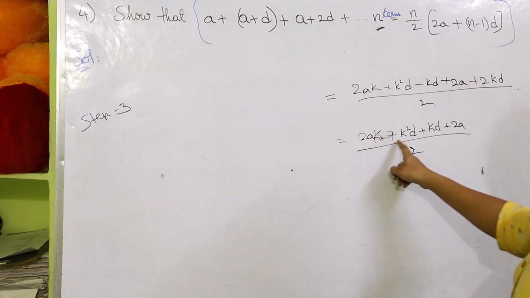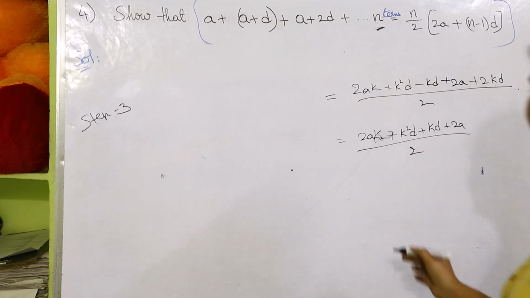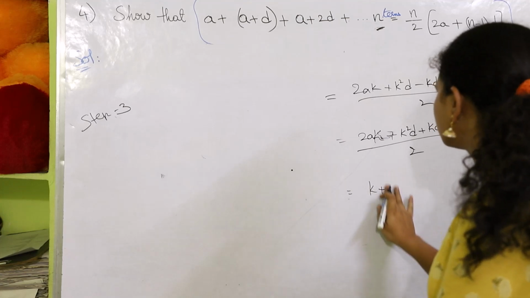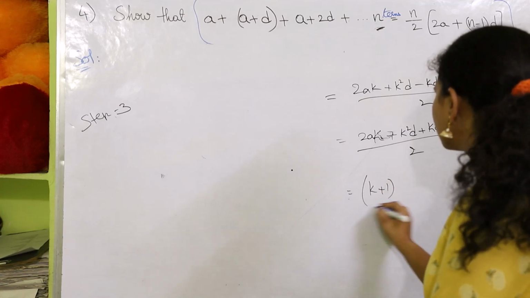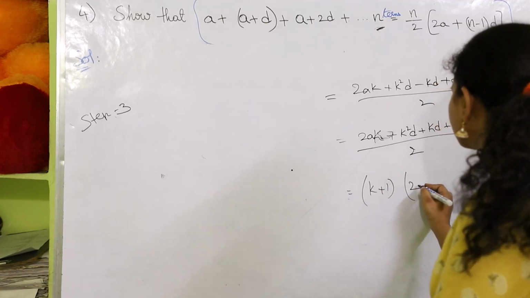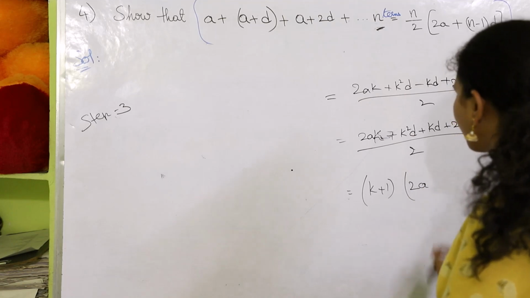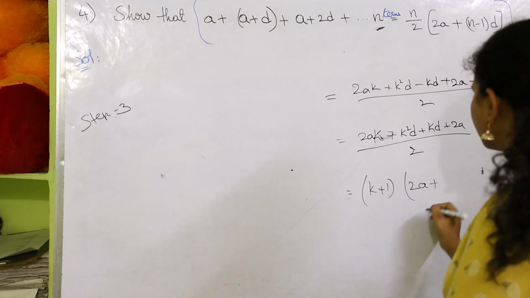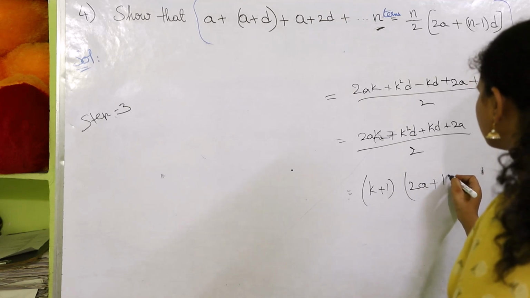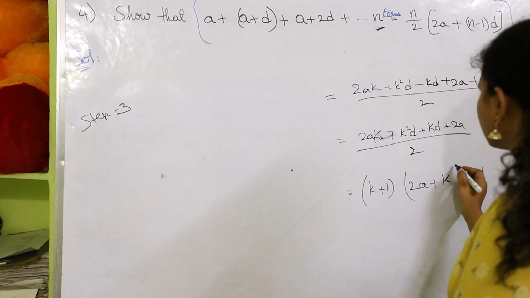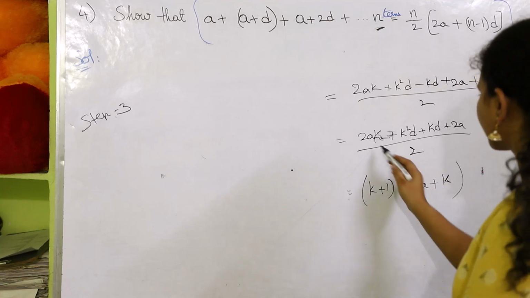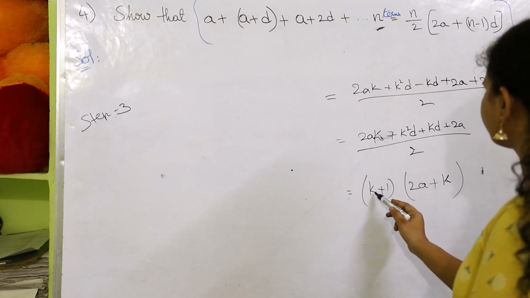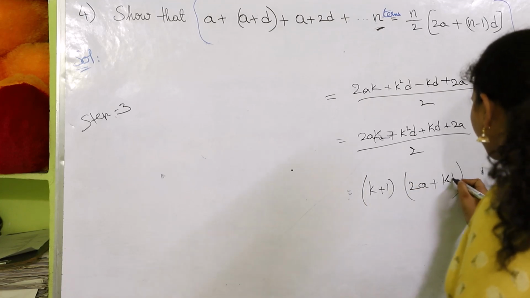As here you have 2ak, take common k plus 1 into, wait a minute, k into 2a is 2ak, k into k.